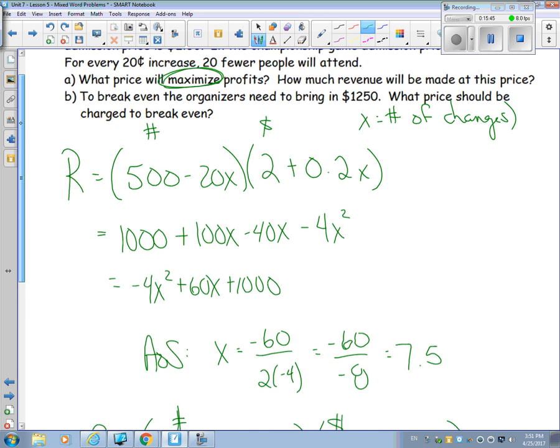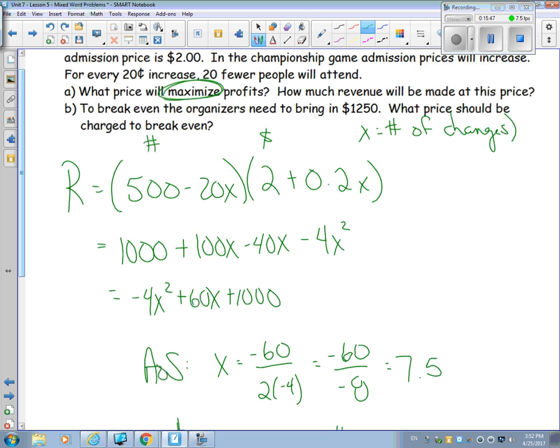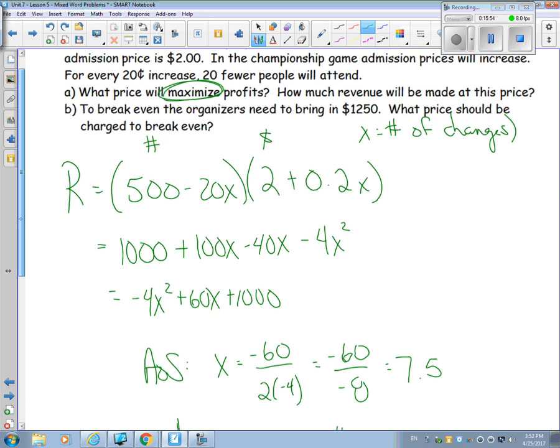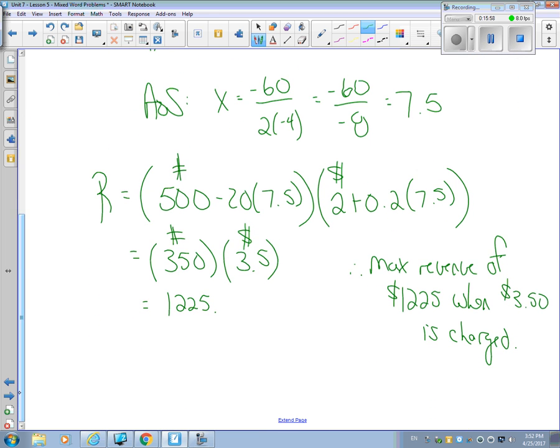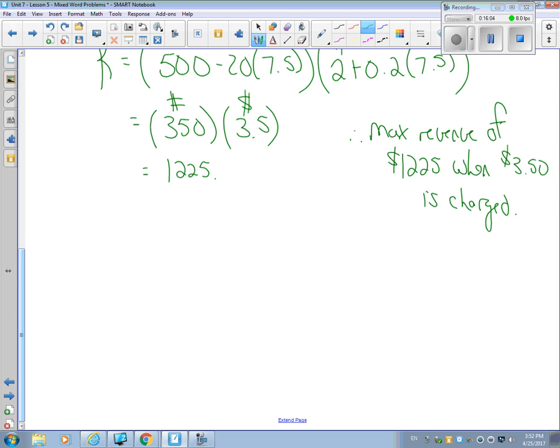Part B, to break even, the organizers need to bring in $12.50. What price should we charge to break even? $12.50 just to break even. Except we just figured out they have a maximum revenue of $12.25. So is it possible to bring in $12.50? I don't think so. So they can't break even.